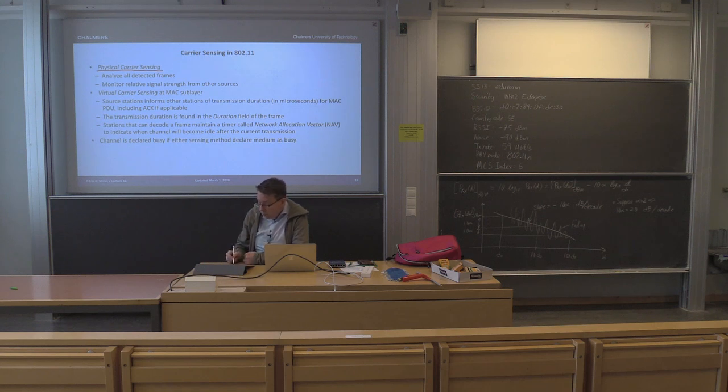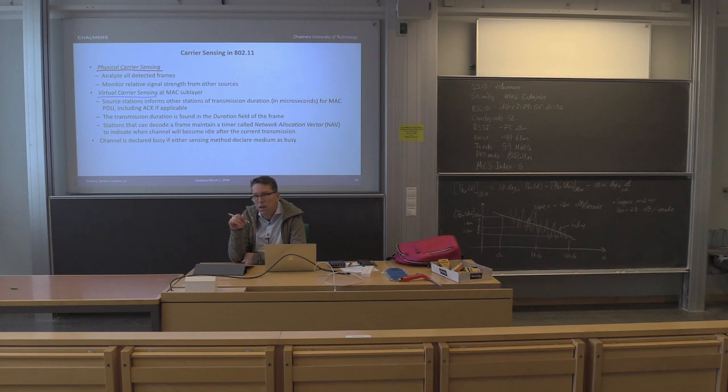But then there is also something called virtual carrier sensing, and this is done at the MAC layer by receiving a frame and looking into the header of that frame. There is a duration field in that frame that tells us this frame plus its ACK will take this many microseconds to complete.